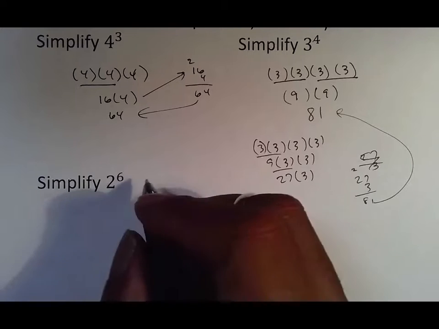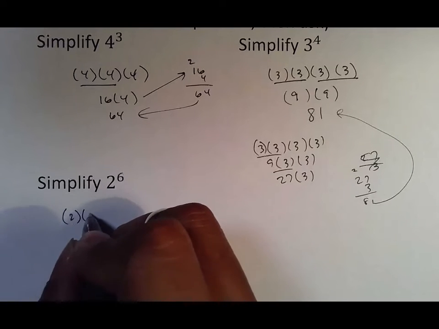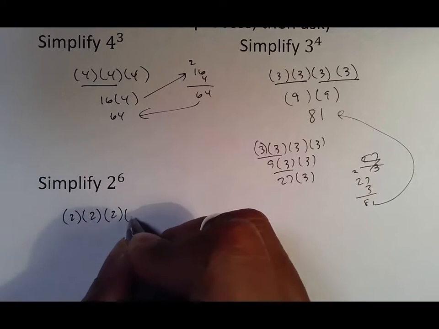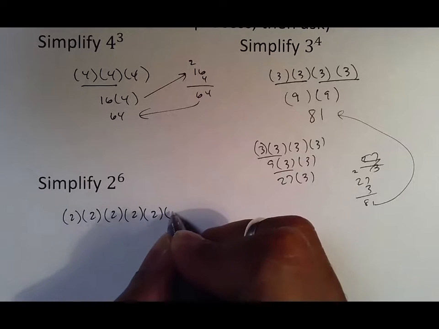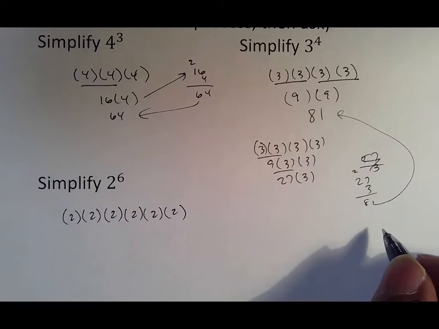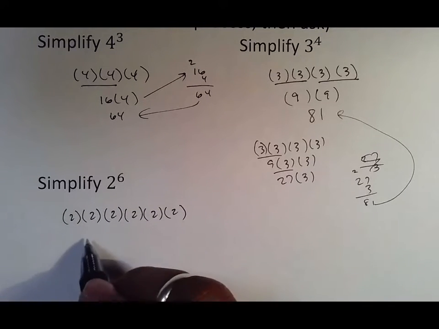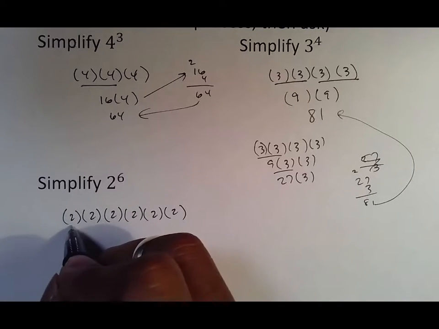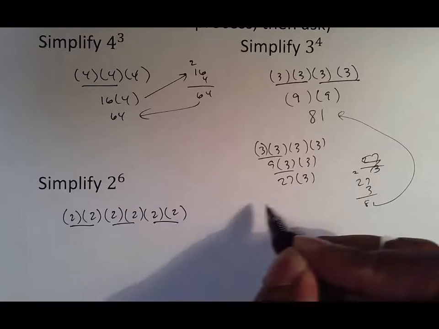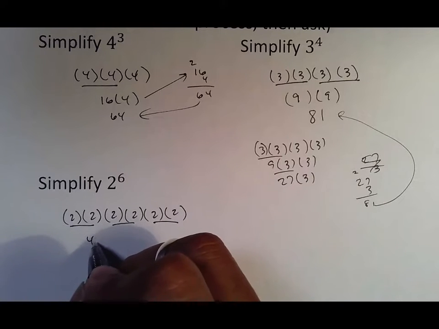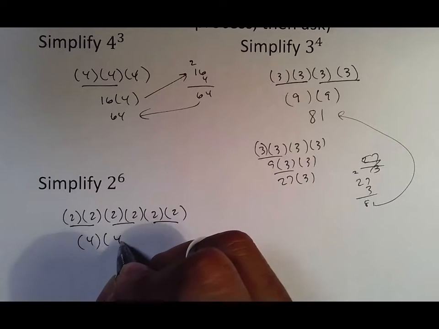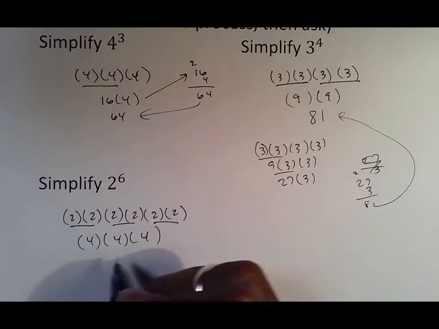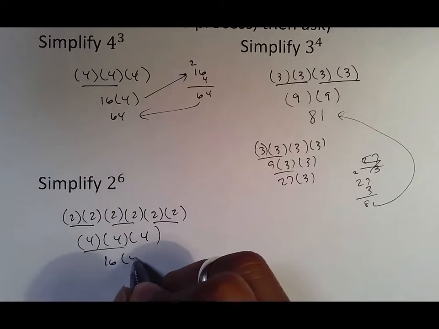For example, 2 to the sixth means I put 6 2s. 1, 2, 3, 4, 5, 6. You could go 2 times 2, bring down the rest, times another 2, bring down the rest. Or you could say, you know what? 2 times 2, there's 3 of them, so 2 times 2 is 4, and another 4, and another 4, which then makes 16 times 4.